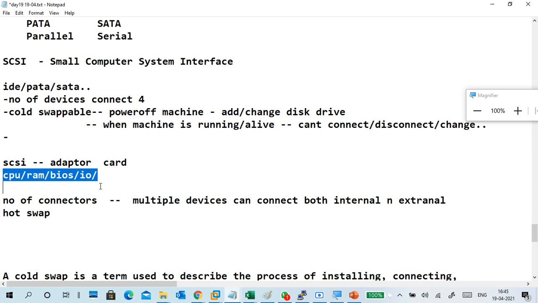General processing is taken care of by your processor. Like that, SCSI is also designed with a computer-like CPU, RAM, BIOS, IO controllers, connections and all.